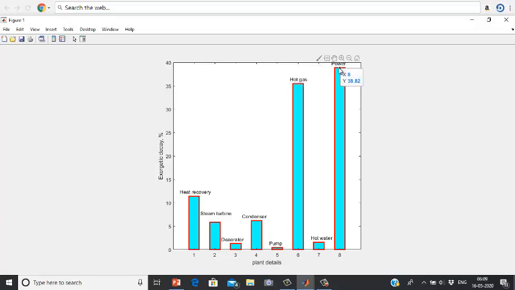The power output represents the second law efficiency, that is 38.82%. Similar to the hot gas, the hot water also loses some of the exergy, that's 1.5%. Compared to the hot gas, the exergy loss in the hot water from the condenser is small.